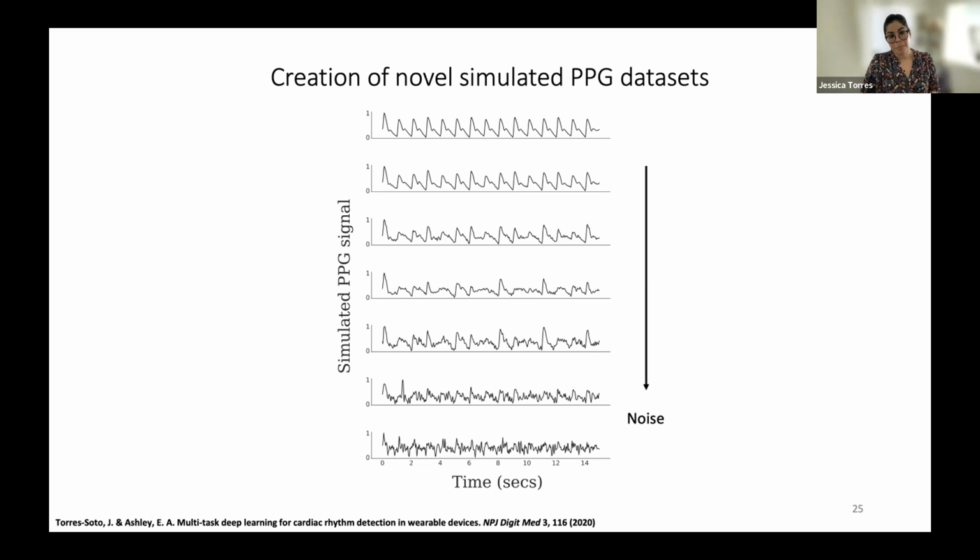Here's a really simple example where I just added various amounts of Gaussian noise. So that it gets to the point where on this bottom row, that true underlying signal, you can't even say, this is where that true peak was as we move along the signal length.